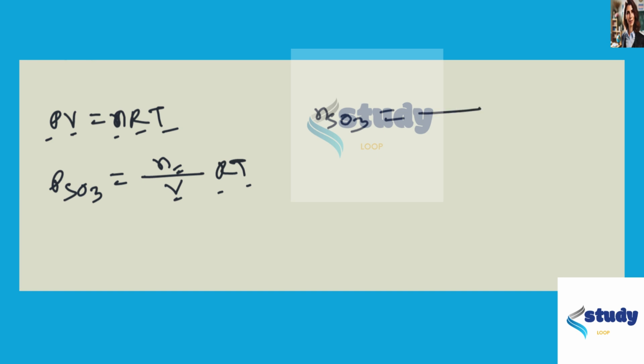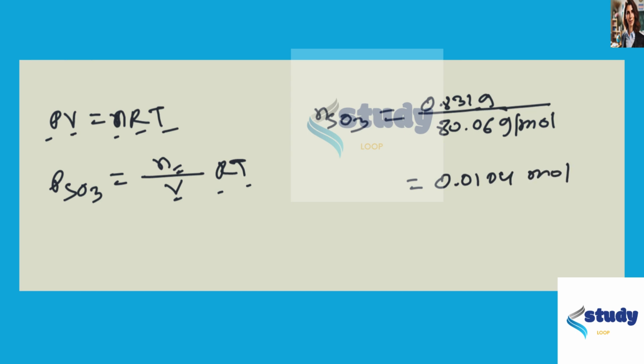The mass is 0.831 gram over the molar mass of sulfur trioxide, which is 80.06 gram per mole. This gives us 0.0104 mole, the number of moles of sulfur trioxide.